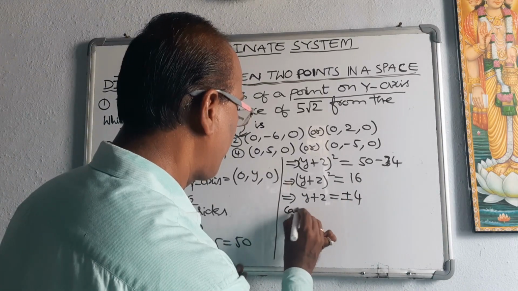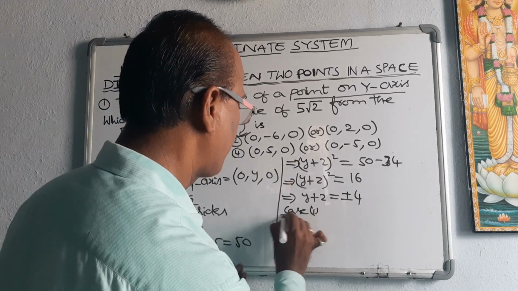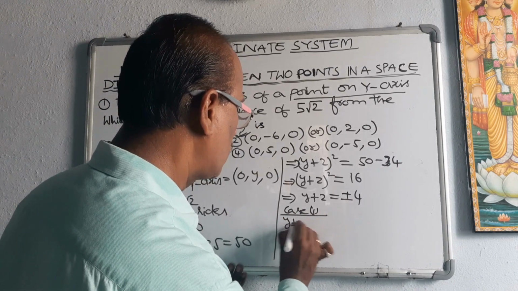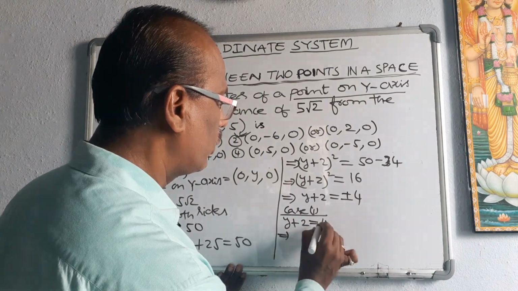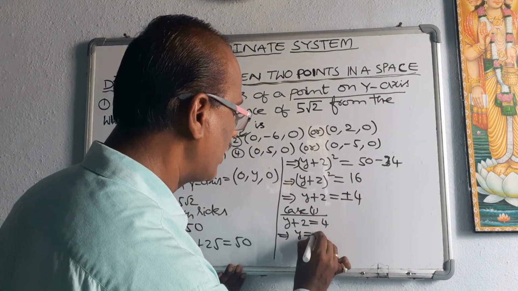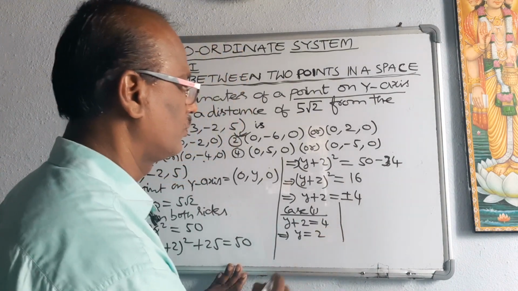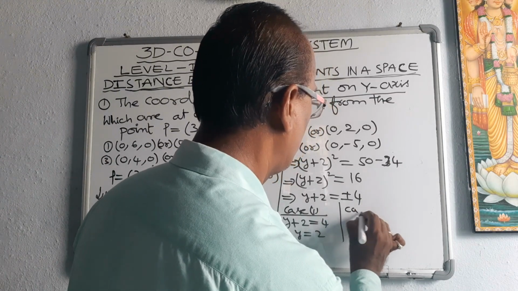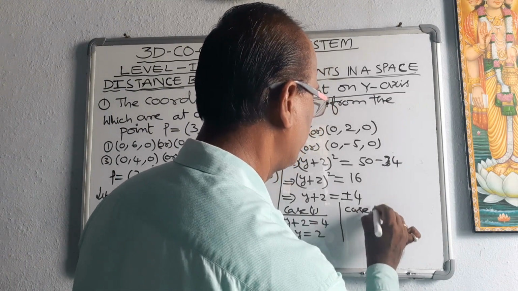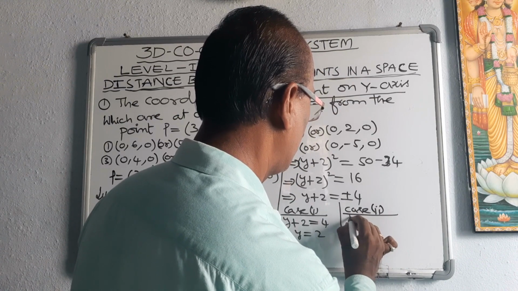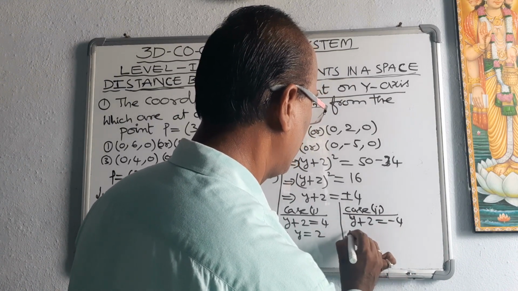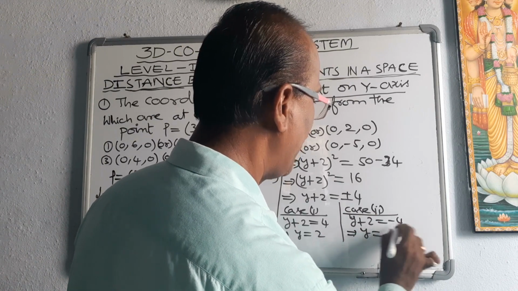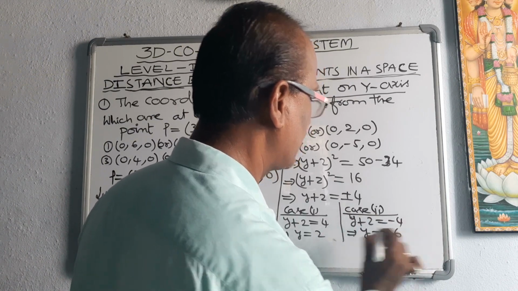Here case 1: y plus 2 is equal to 4, y is equal to 4 minus 2, y is equal to 2. Case 2: y plus 2 is equal to minus 4, y is equal to minus 4 minus 2, which is minus 6.